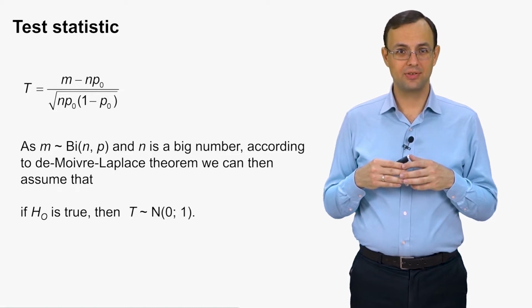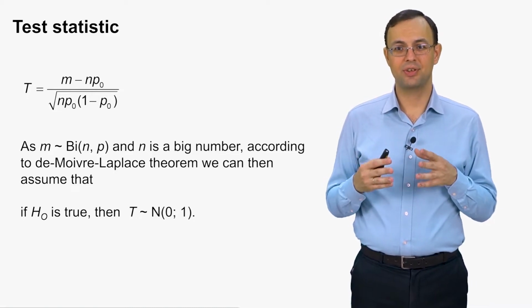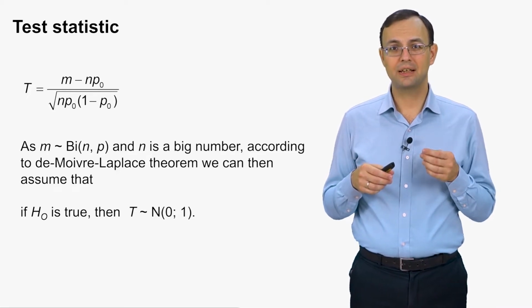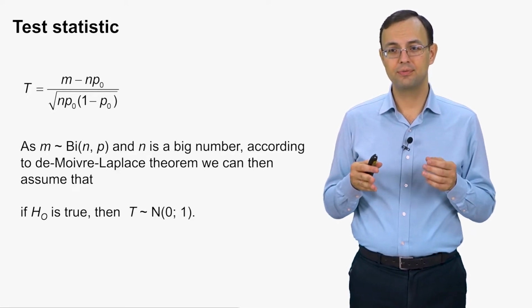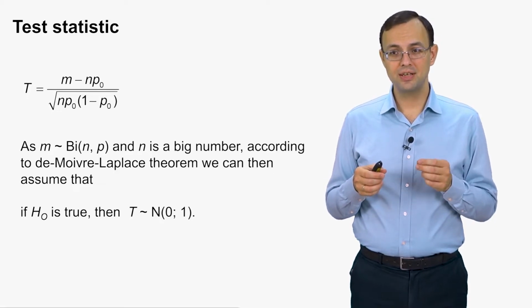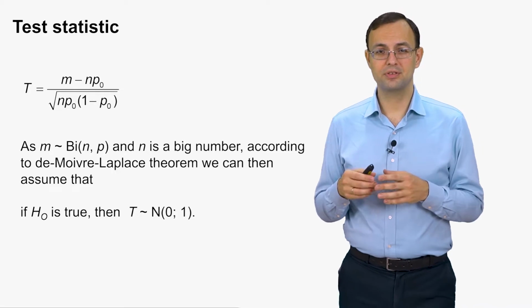And that is the thing that is stated here. So they say that if the null hypothesis is true, so if p is equal to p0, then t follows the standard normal distribution.